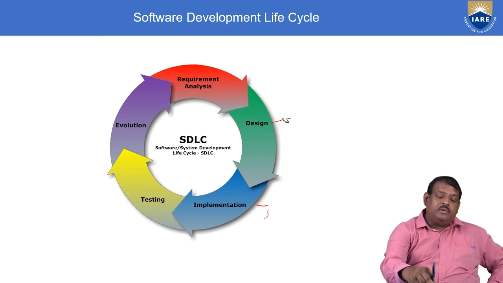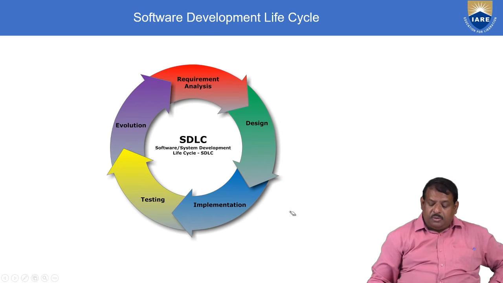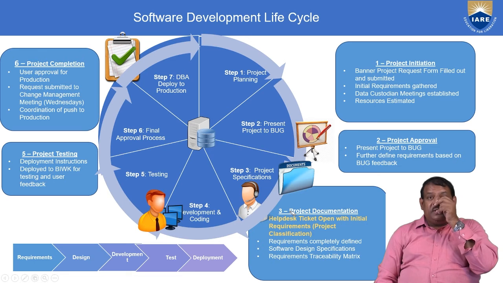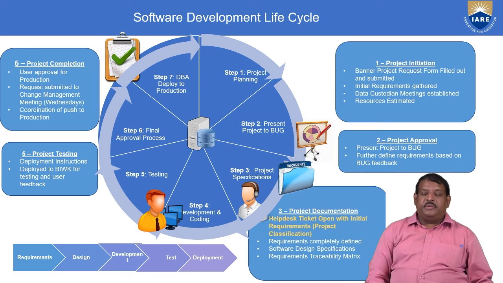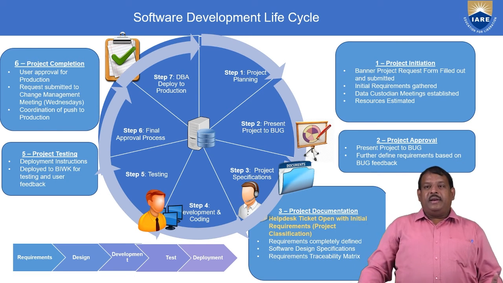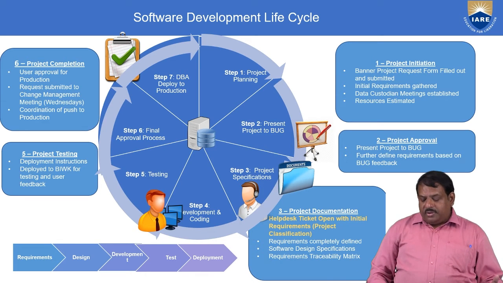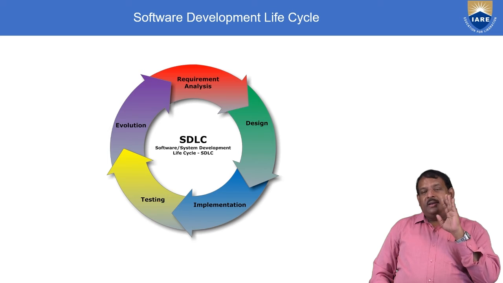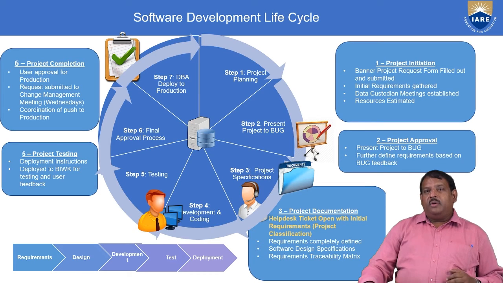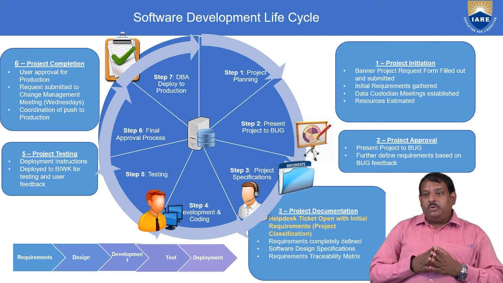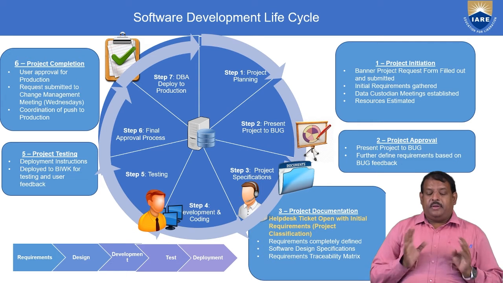Okay, now we'll see how SQL Server fits into this. This is a high level diagram. On the left side, we have seen what the software development cycle is. Now in this slide, we are going to fit our database here.